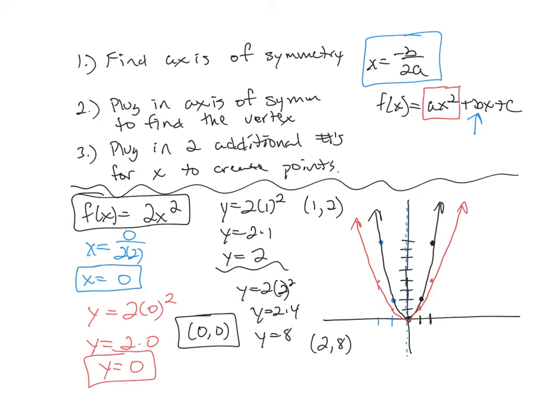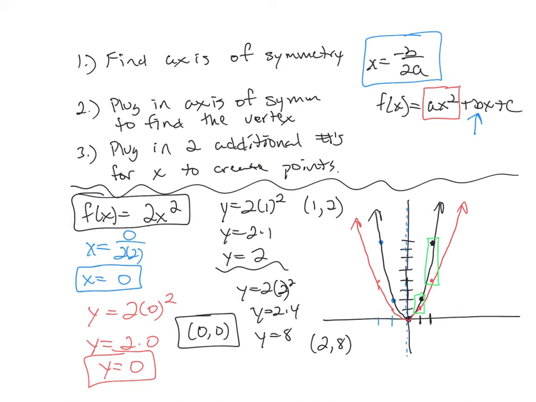The other thing you'll notice is that when you go over 1 and over 2, the points are getting farther apart. Remember we said over 1, up 1? This one's over 1, up 2, over 2, up 4.